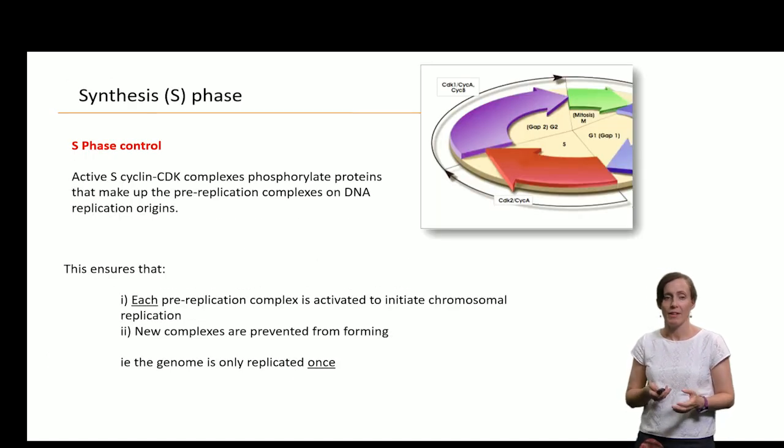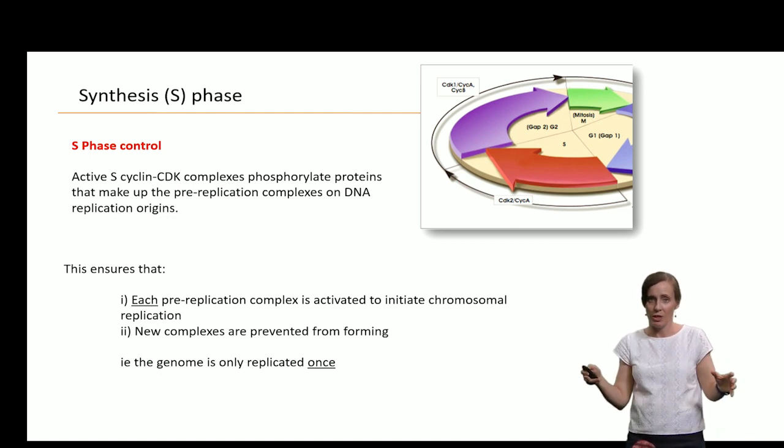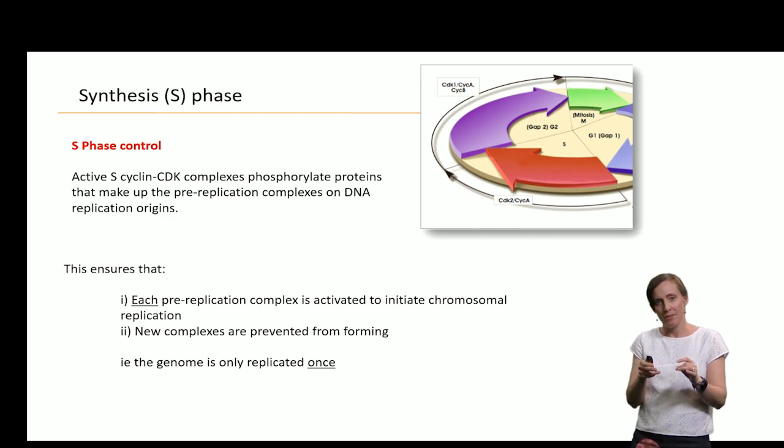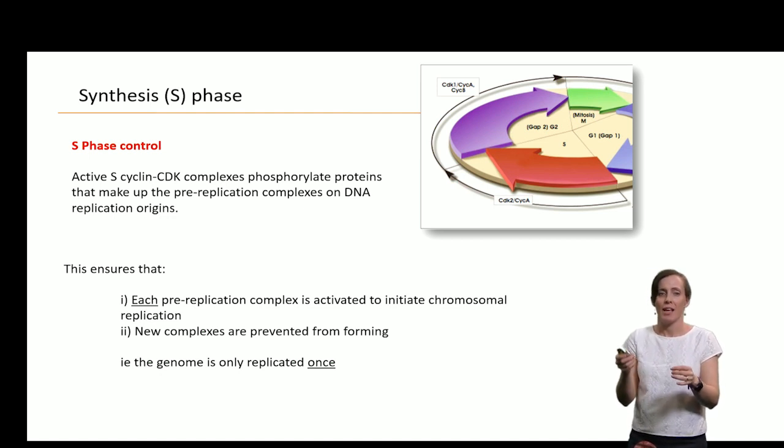The control of S phase involves S phase cyclin and CDK complexes. One of the things these do is phosphorylate proteins that make up the pre-replication complex on the DNA replication origins, which are scattered all over the chromosomes, all over the genome. Once these bind and start replicating the DNA, part of those proteins are moved away from that replication site, which means that complex cannot be activated again during that cell cycle.